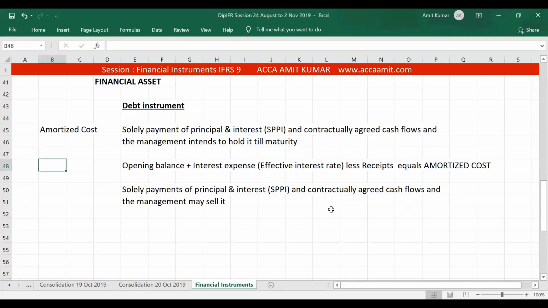But the question arises, if I measure it at fair value, I'll have to remeasure it at the end of each year and take the difference to P&L. That will also not be justified because I intend to sell it or may sell it. What if I don't sell? Then over the period of this contract, the entity will be receiving contractually agreed cash flows.